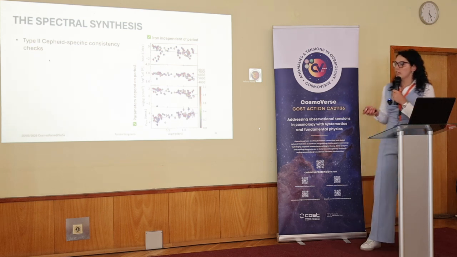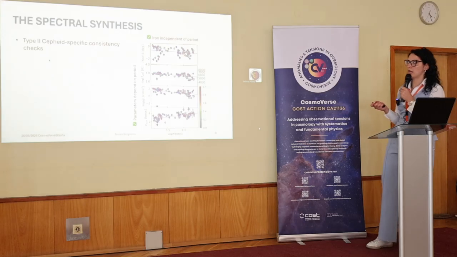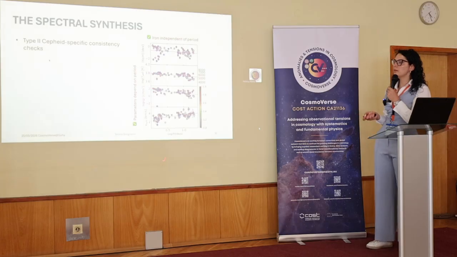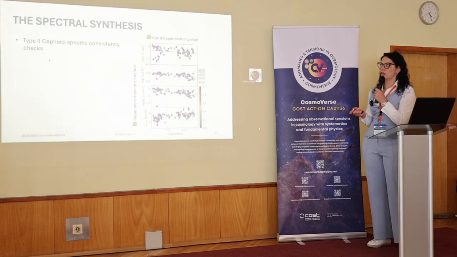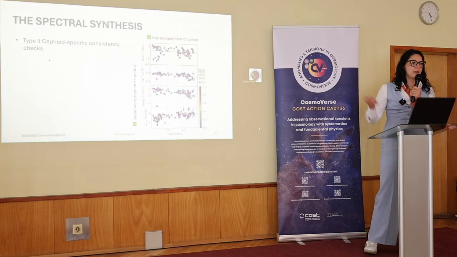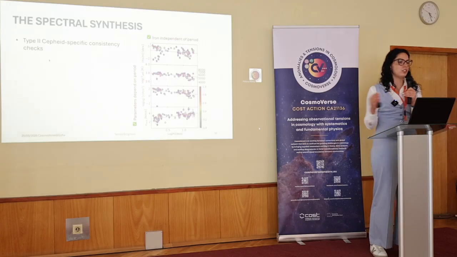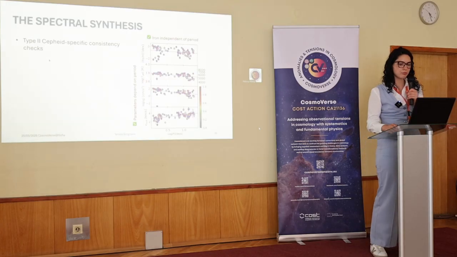As you can see here, like for classical Cepheids, because the pulsation properties are the same, iron is independent of period, but still the parameters depend on the period, because type 2 Cepheids are also pulsating, and so the temperature, the gravity, and the velocity change during the pulsation cycle.